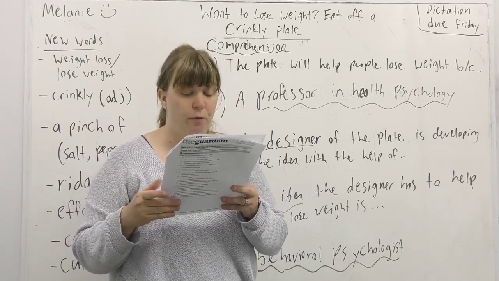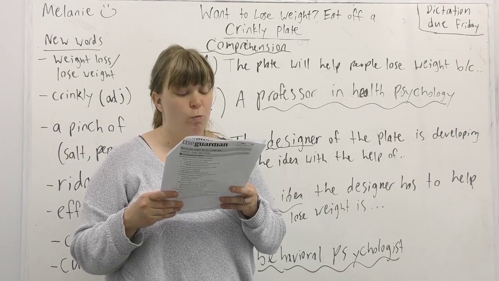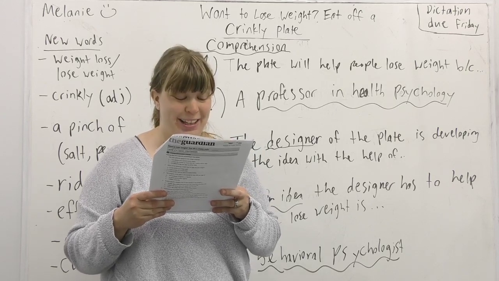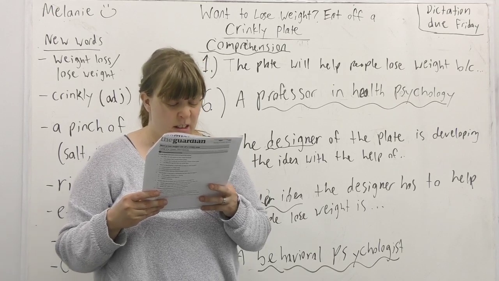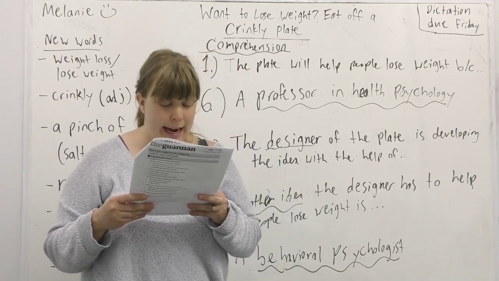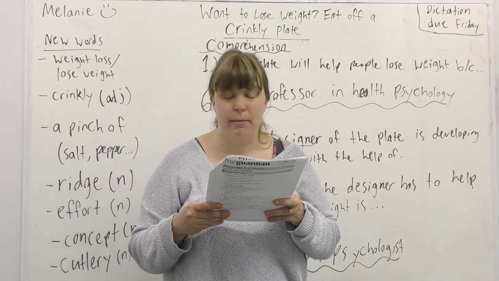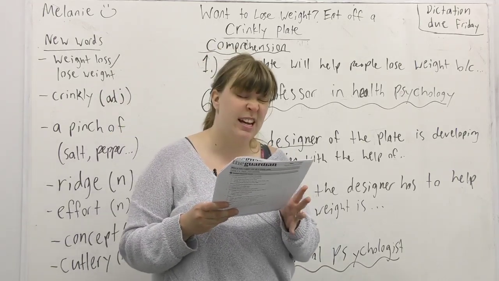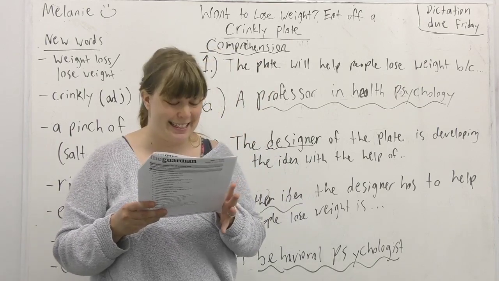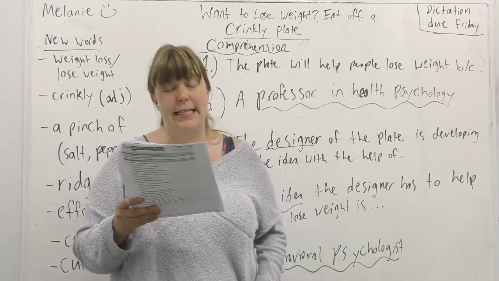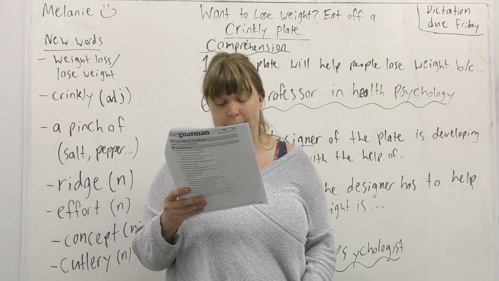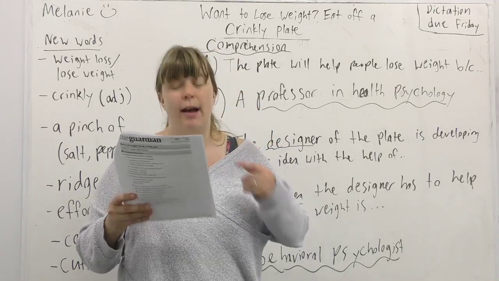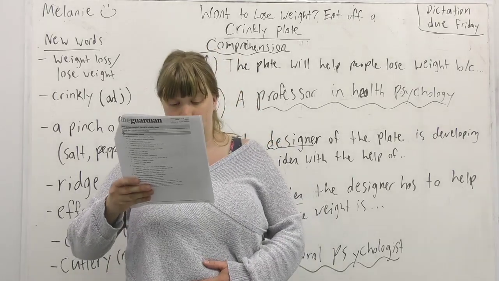His knife, fork, and spoon weigh 1.3 kilograms each. We tested this, and it took 11 minutes to finish a meal with this cutlery rather than 7 minutes, he said. Our brain takes at least 20 minutes to receive the message that we should feel full.